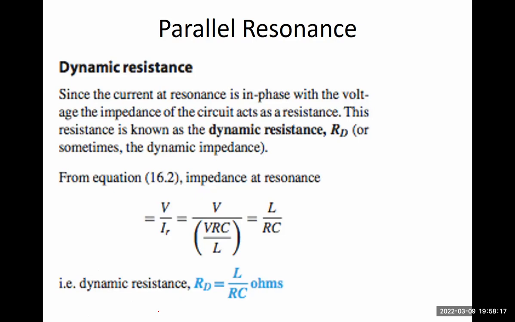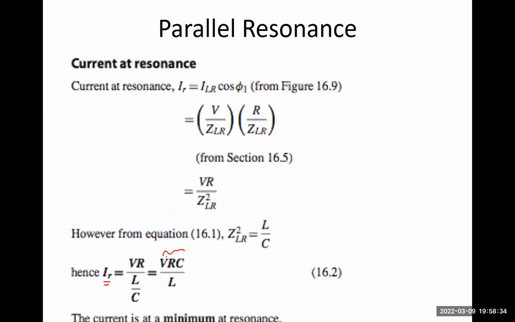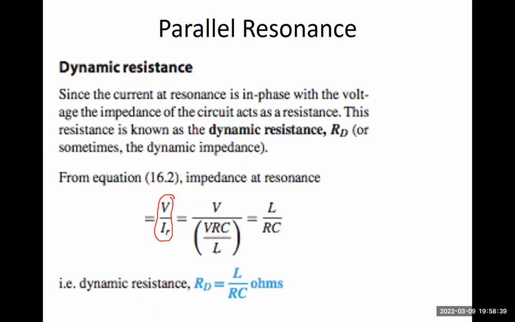It can be determined by V over IR, or V over VRC over L, because our IR is equal to VRC over L. We could also determine the dynamic resistance by L over the product of RC.